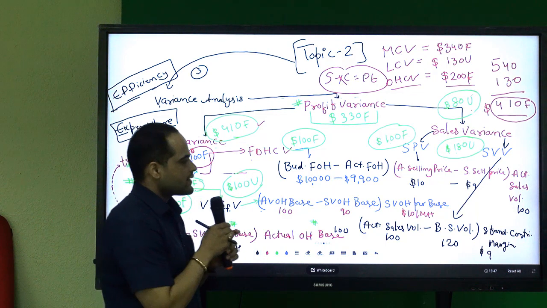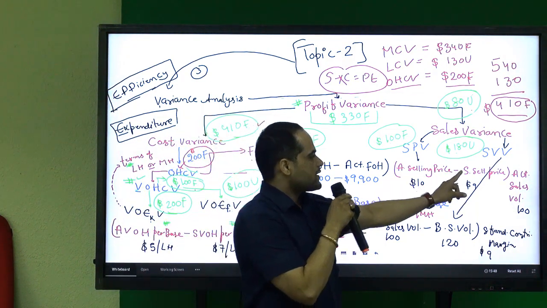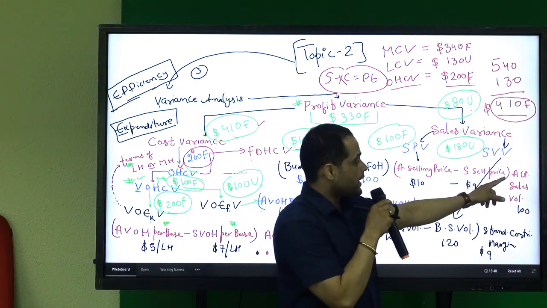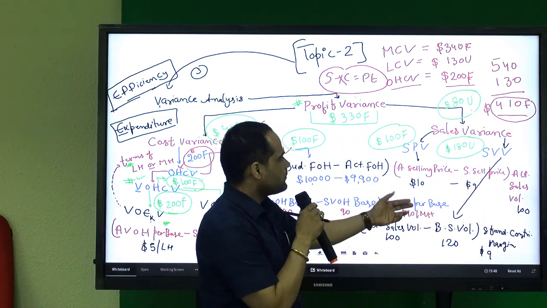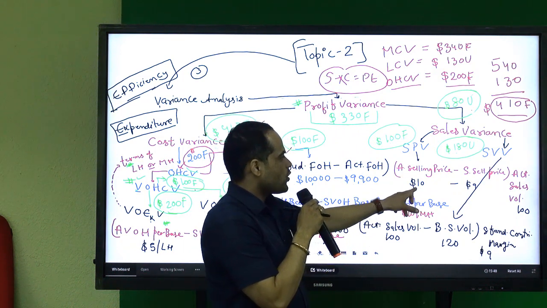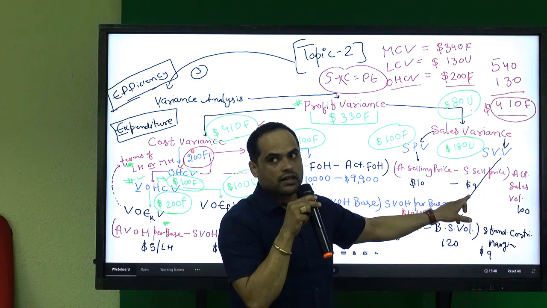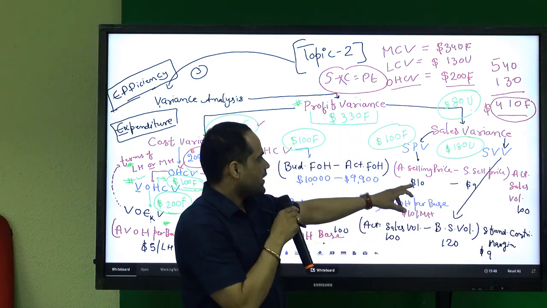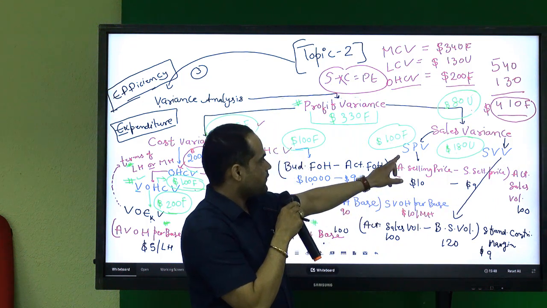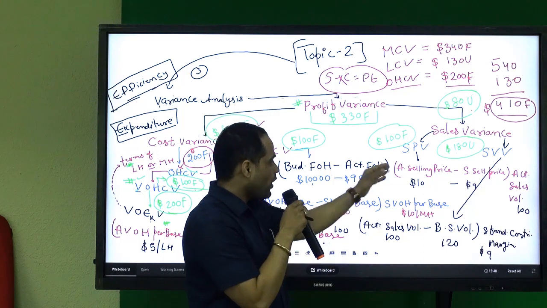So the formula is actual selling price minus standard selling price, multiplied by actual sales volume. All right. Let's assume the actual selling price was 10, the standard selling price was 9, and we multiply by 100, and the variance is 100 F. Why 100 F?